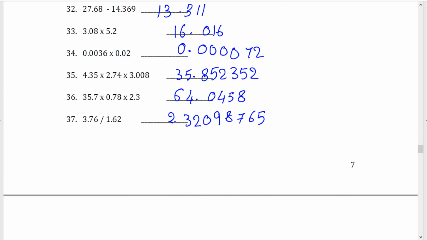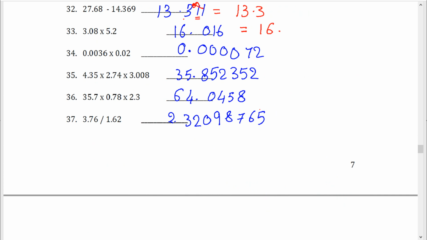Also, I have solved those questions without rounding, and we will do the rounding together. In order to round this number to 3 significant figures, I will write 3 point, and you will look at number 4. Is it going to add 1 here? No, because it's less than 5, so you will copy it as 3. Okay?